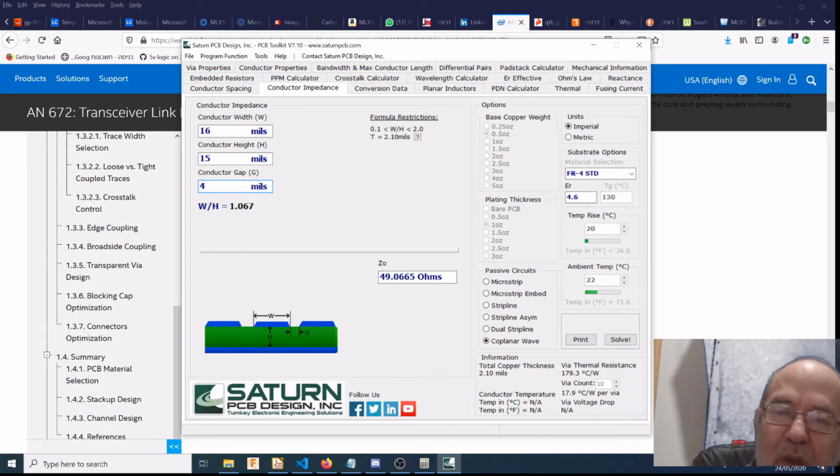If I go 1 mil away, that 1 mil change has already changed the characteristic impedance. It is very, very critical. Okay. That is very high level, very simple. That's why you don't want to make a two layer PCB which needs to be 50 ohms.